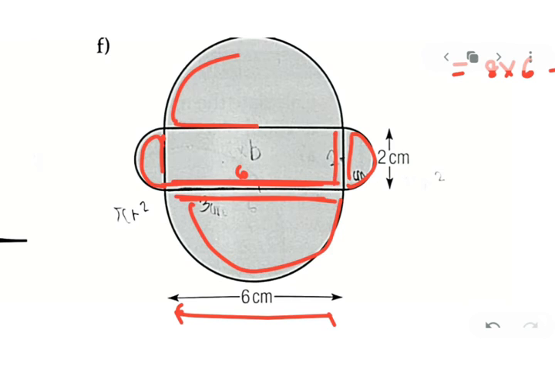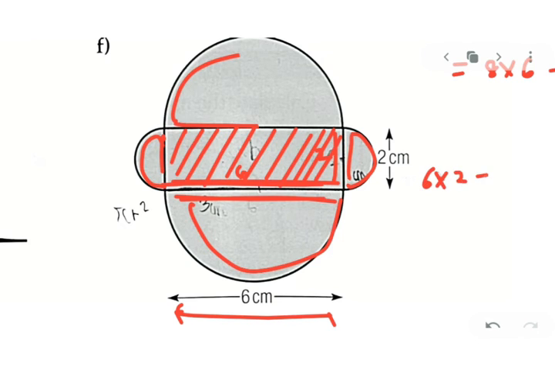This 2 represents the breadth of your rectangle. So this is 2. Now if this is length, this is breadth, so it will be easy for us to calculate the area of in between rectangle. Now once we get 6 into 2, that is 12, as the area of rectangle, 12 centimeter square, we will jump on to the semicircles.